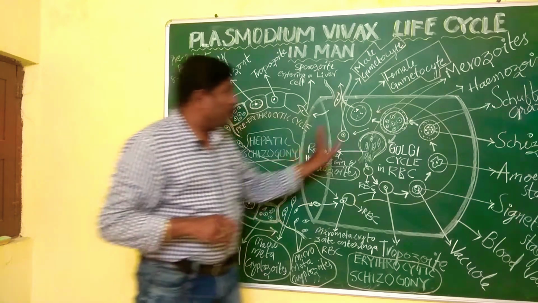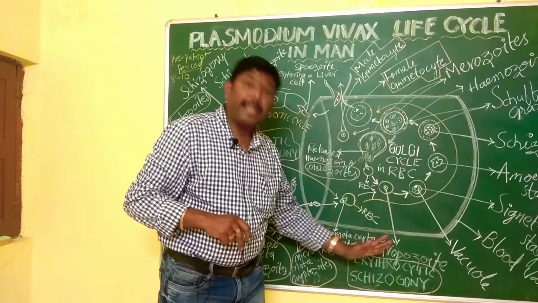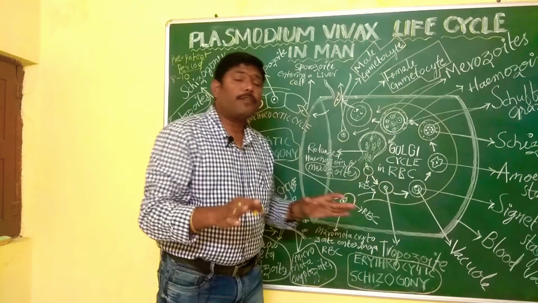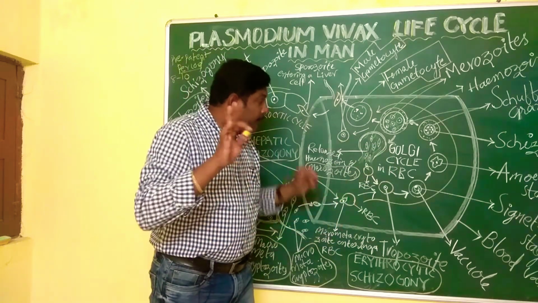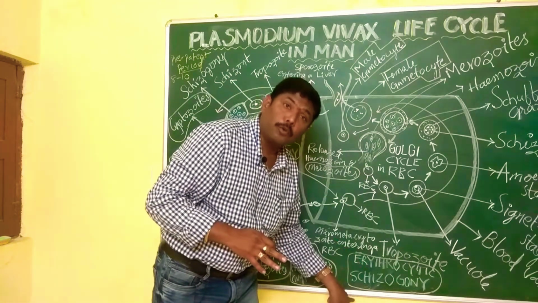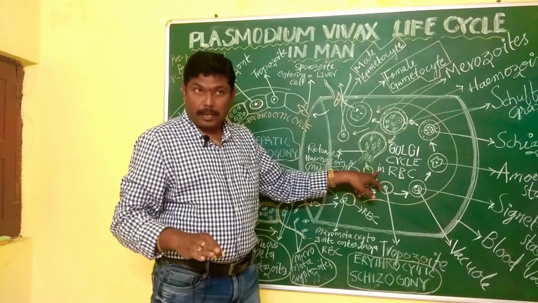Okay, and this total erythrocytic cycle was explained by Camillo Golgi. On behalf of him only, we call this erythrocytic schizogony also as Golgi cycle.